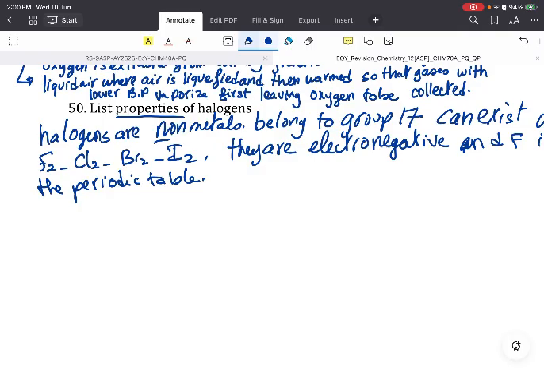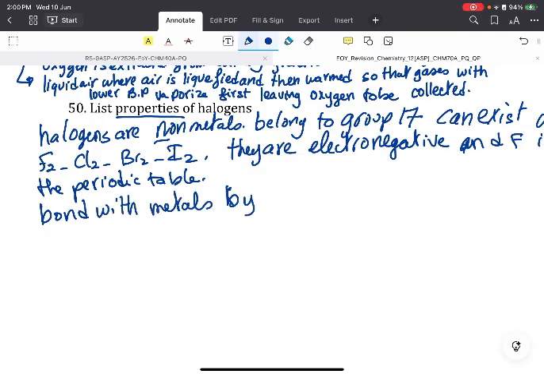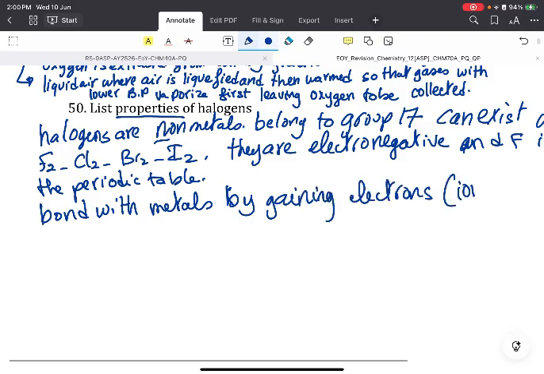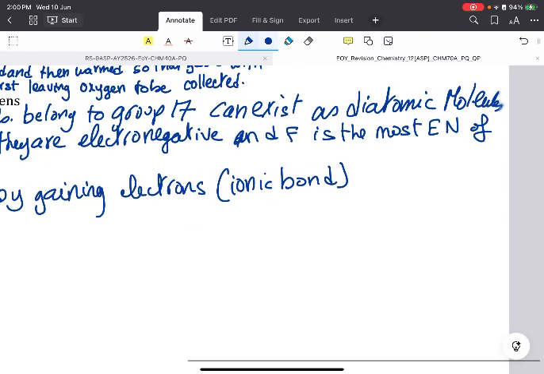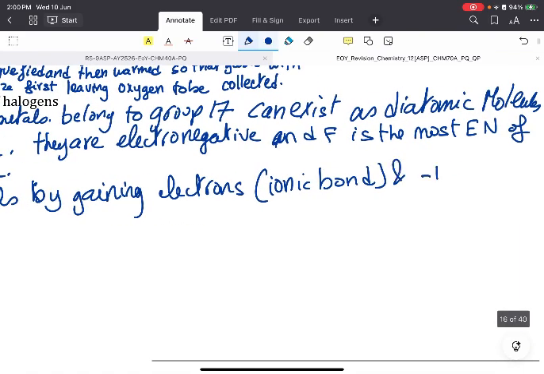They bond with metals, and when they bond with metals, they form ionic compounds. So they bond with metals by gaining electrons, and they have ionic bonds if they bond with metals, and a -1 charge.